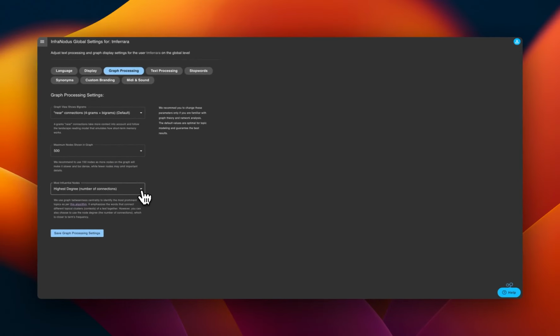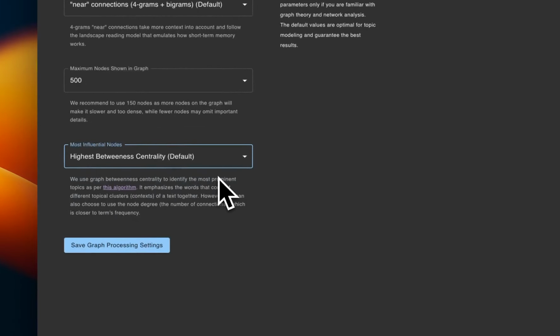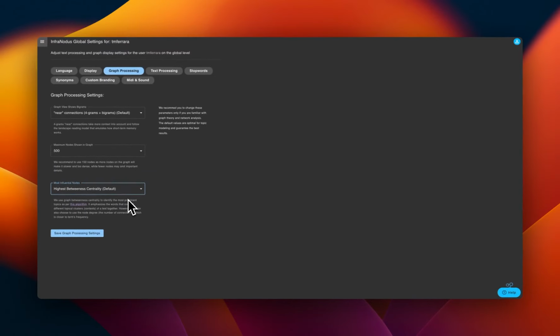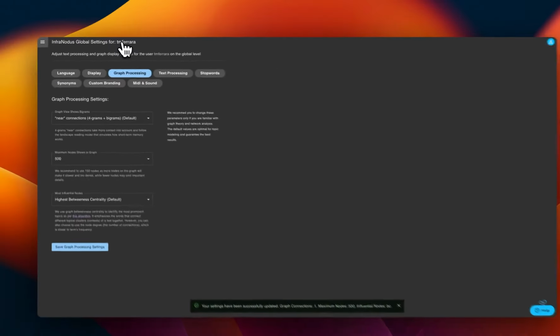So right now, this is not the default setting, but I was exploring before, I set this so that I want the most influential nodes to be based on the highest degree, or the number of connections. Typically, it's on highest betweenness centrality. And so let's change that, and we'll see how that changes the graph.